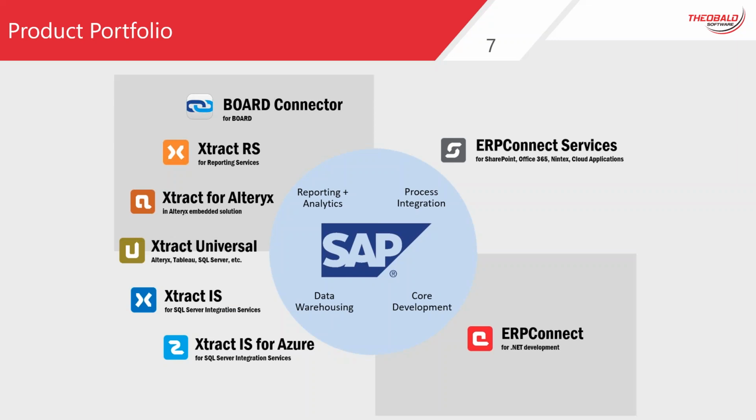One example: if you have any process in SAP and you want to integrate that with a workflow, for example a Nintex workflow that is running in SharePoint on-prem or in Office 365 and so forth. That is just one possible scenario.